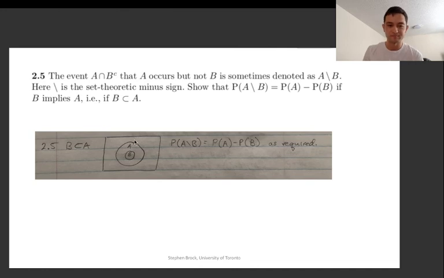Draw the diagram. So if we have our event A, we have our event B, and we can see here that the probability of A without B is simply this probability of being in this circle minus the probability of being in this portion, because that's the portion that B is, right? So we can see that we do get that as required.